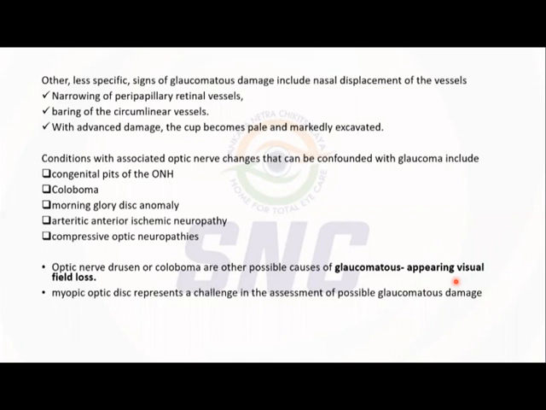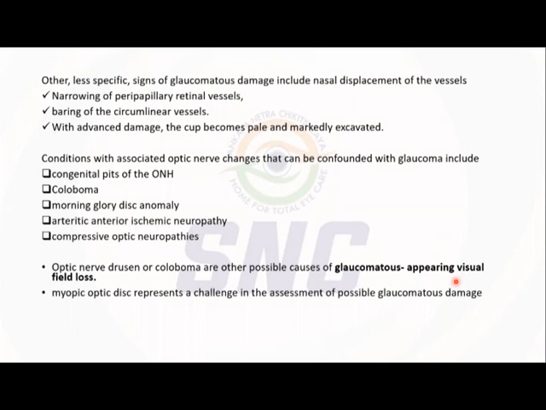Okay, and bayoneting of vessels you didn't mention. Bearing of circumciliary vessels, do you know what that means? It's a three-dimensional viewing experience. Circumciliary vessels are not thick in diameter; they are very small diameter vessels. They are supported by the extracellular matrix in the lamina, like in the ONH.